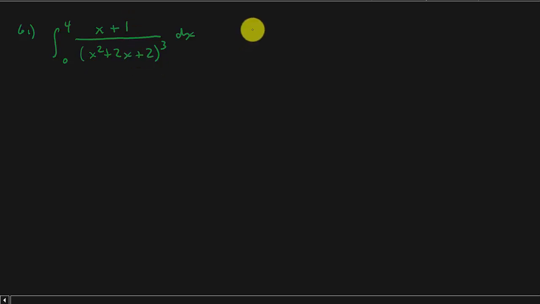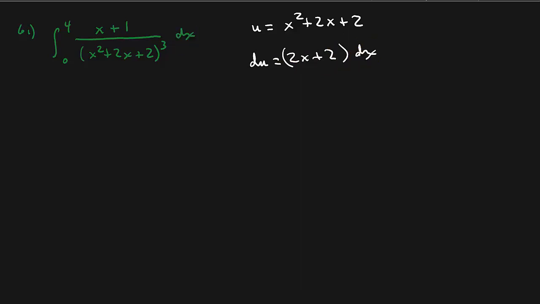Let's set u equal to this and check out what the derivative is, see if it's going to work. So du is 2x plus 2 times dx. Of course there's the dx, but I don't have 2x plus 2, do I?